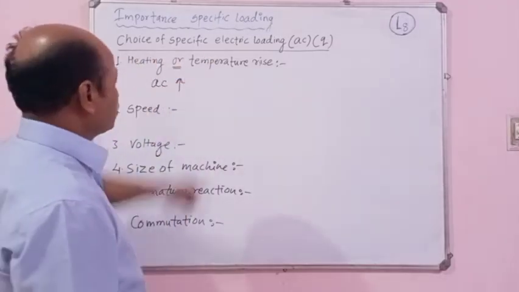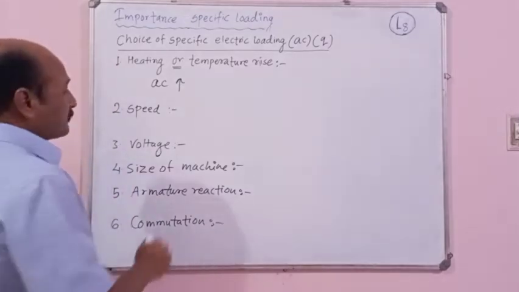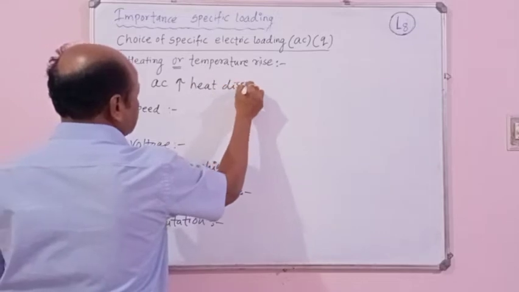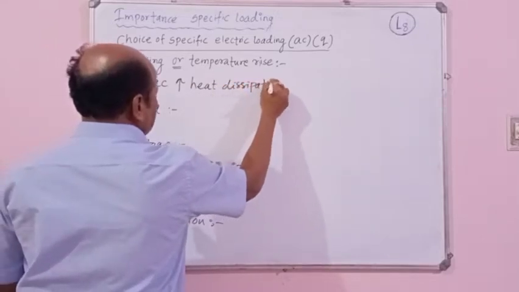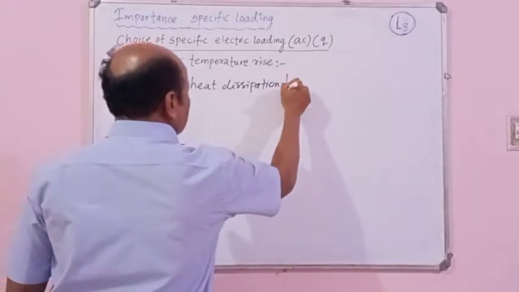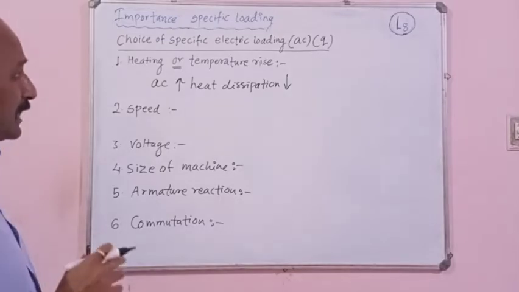The value of specific electric loading is more. So under that condition, what happens? The heat dissipation, whatever will be the heat generated in the machine, the heat dissipation will be poor. So this is in the case of the large machine.